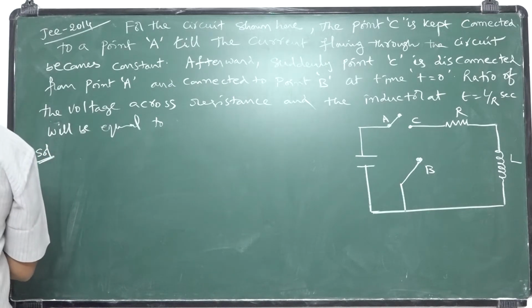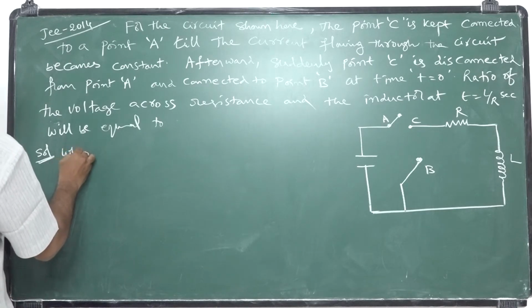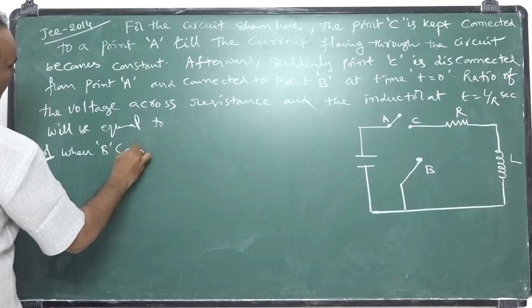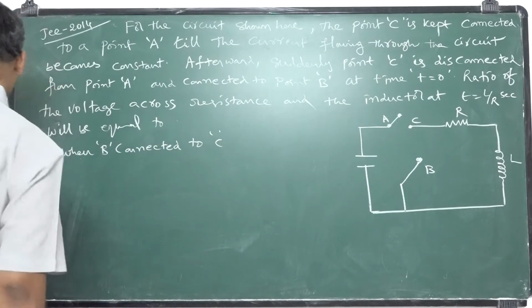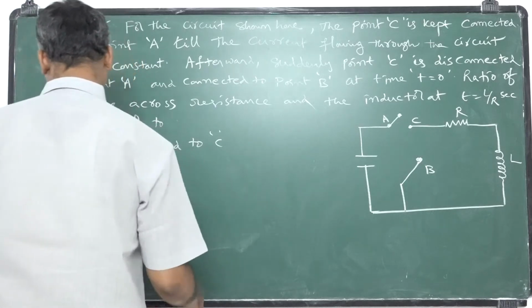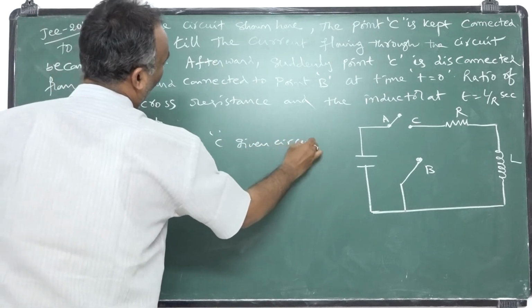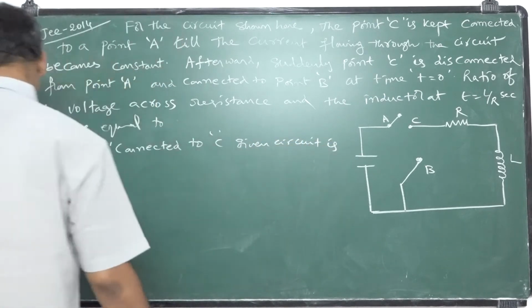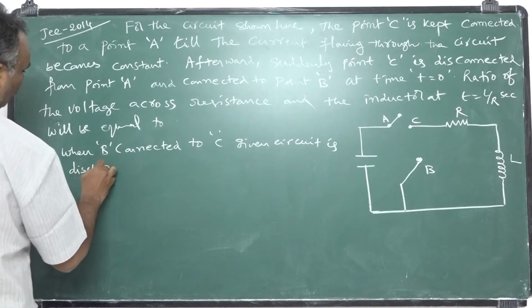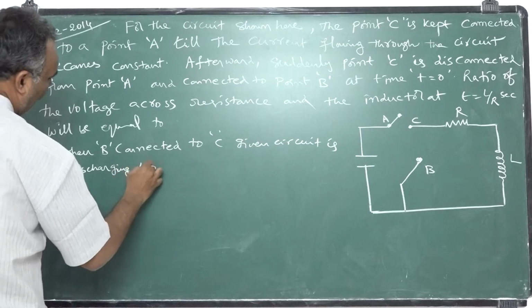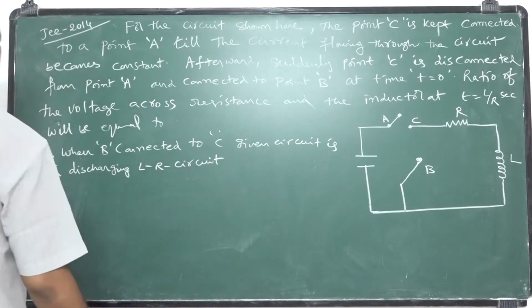As per the given question, when B is connected to C, the given circuit is a discharging LR circuit.